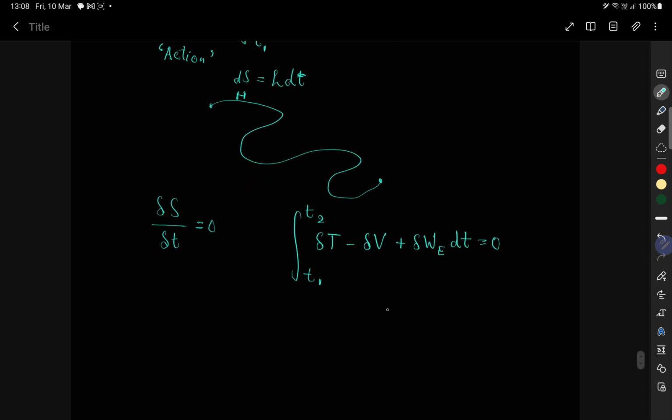Now, this principle also kind of assumes one thing, which is that the variation in the position at t1 should be equal to the variation in the position at t2, both of which have to be 0.